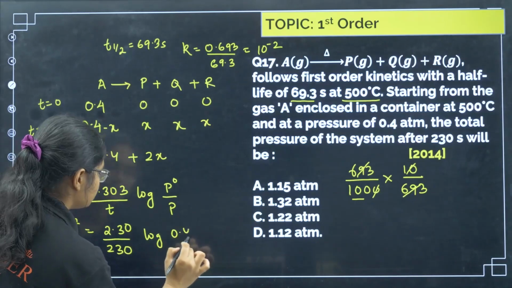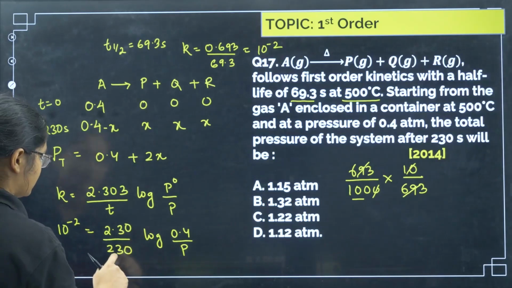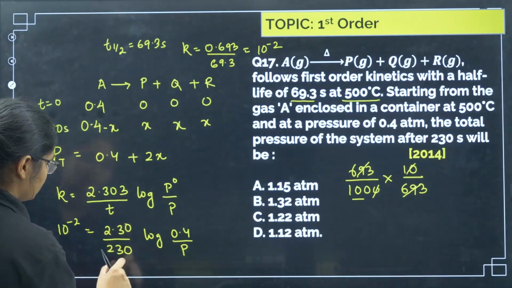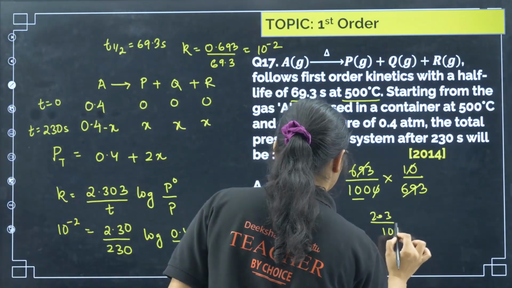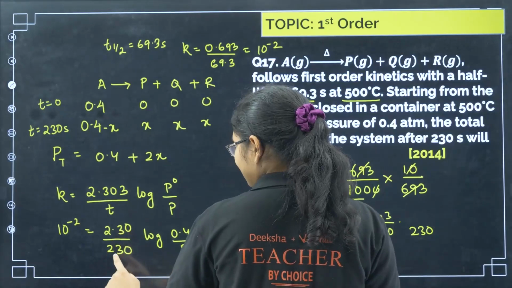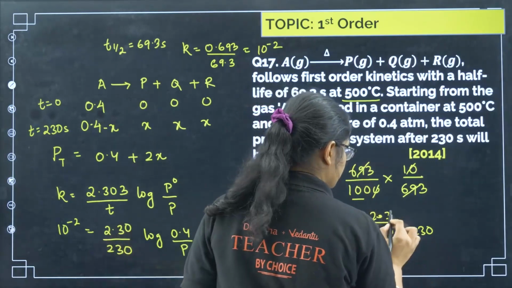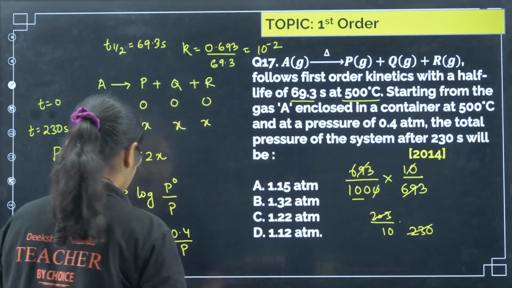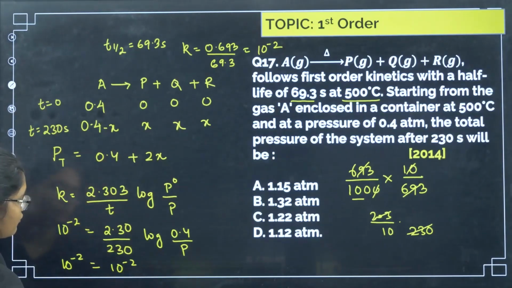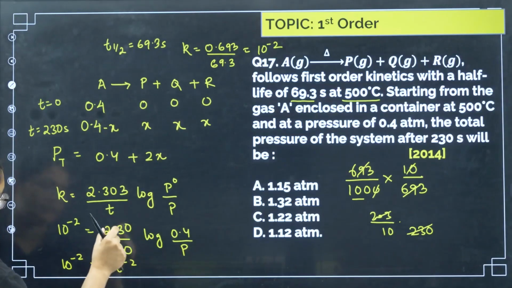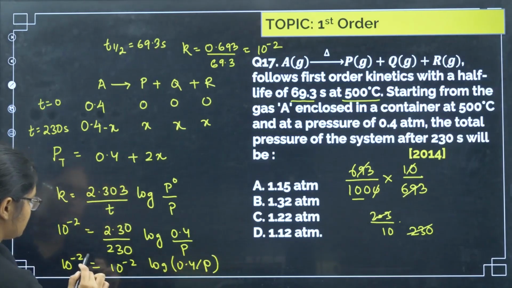Log of P naught, whose value is 0.4, by P. So I get 10 to the power of minus 2 equal to 10 to the power of minus 2 into log of 0.4 by P. This will get cancelled.